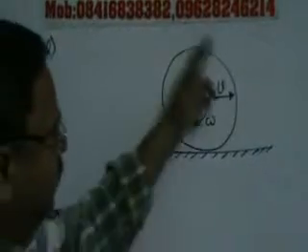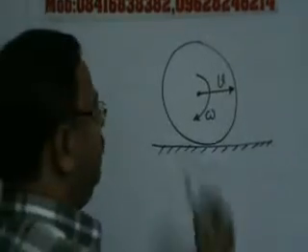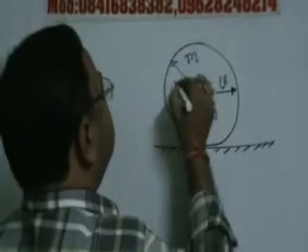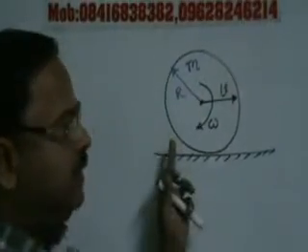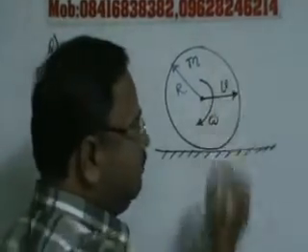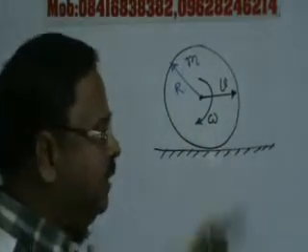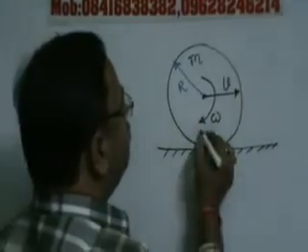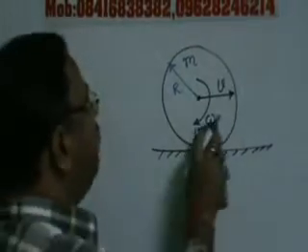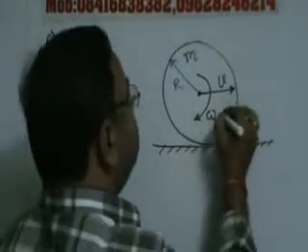Now here in this problem, a circular disc of mass m and radius capital R is set into motion on a horizontal floor with linear velocity v in the forward direction and angular velocity omega equal to v by r.